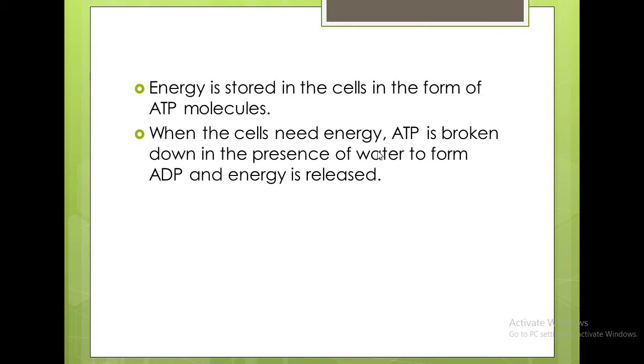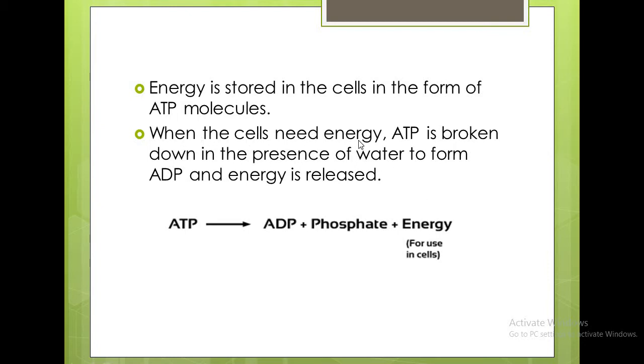When the cells need energy, ATP is broken down in the presence of water to form ADP, and energy is released. So you can look at this equation. You can see here, this is full of energy. As we know, ATP is formed from ADP plus phosphate plus energy. And how is it utilized?